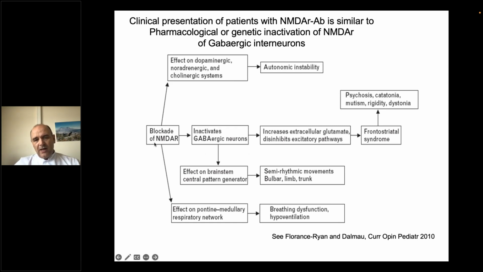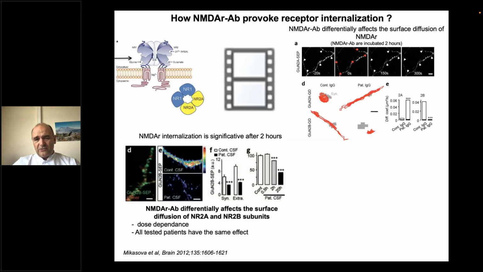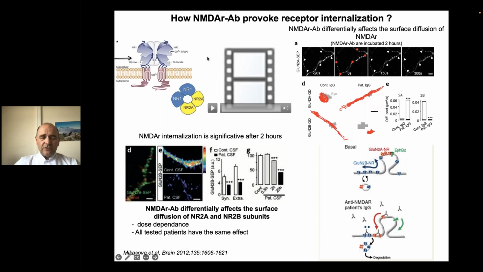If you use ketamine and progressively increase the level of ketamine in a patient, you will observe all the signs that we observe in patients with NMDA receptor encephalitis, such as psychiatric symptoms, hallucinations, seizures, abnormal movements, and at the end, coma and catatonia. And so you can suspect that the autoantibodies may play a direct role in the disease, and many different authors demonstrated this.